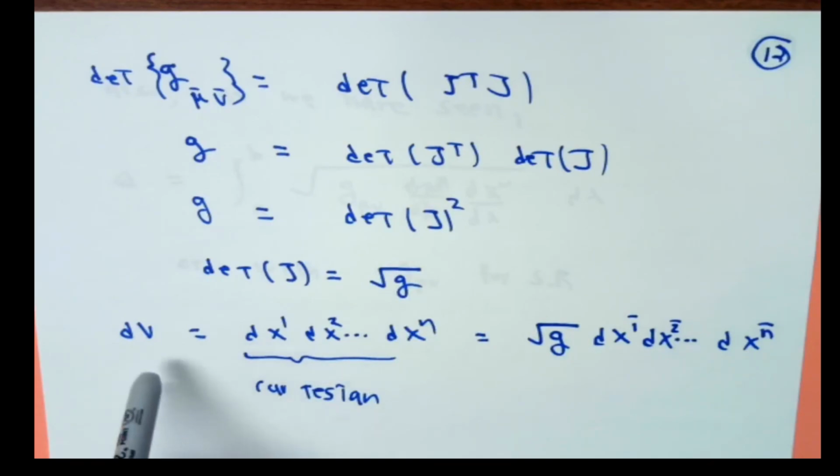So a chunk of volume, which in Cartesian just has the product of the differentials, is going to be the square root of g times the product of the differentials in this new coordinate system.